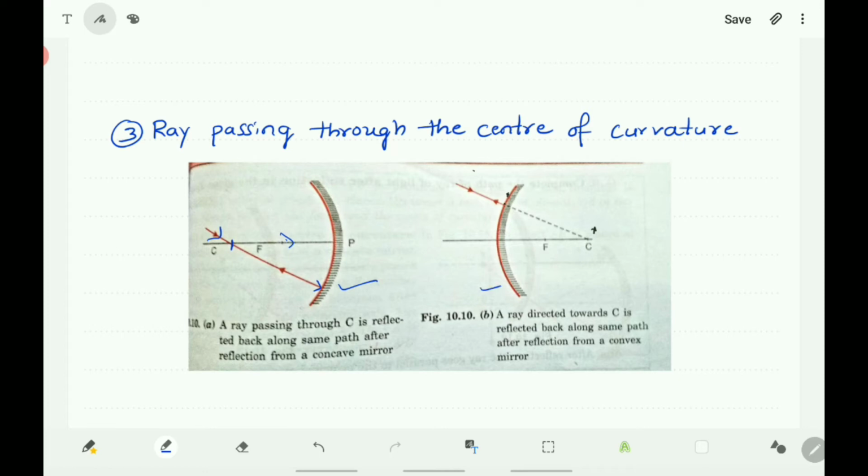Next, consider the convex mirror. A ray directed towards the center of curvature falls on the surface of the convex mirror and reflects back along the same path.